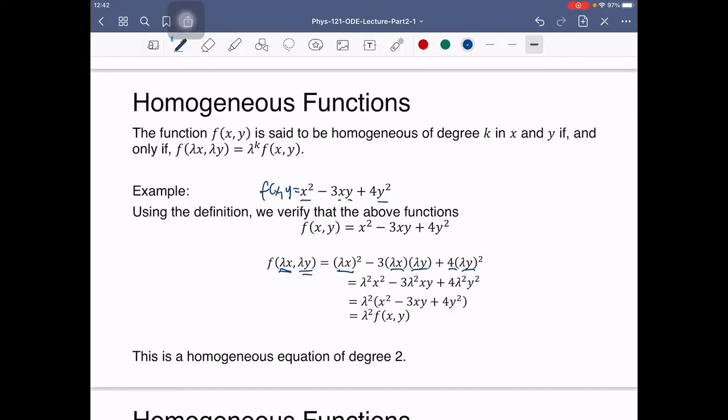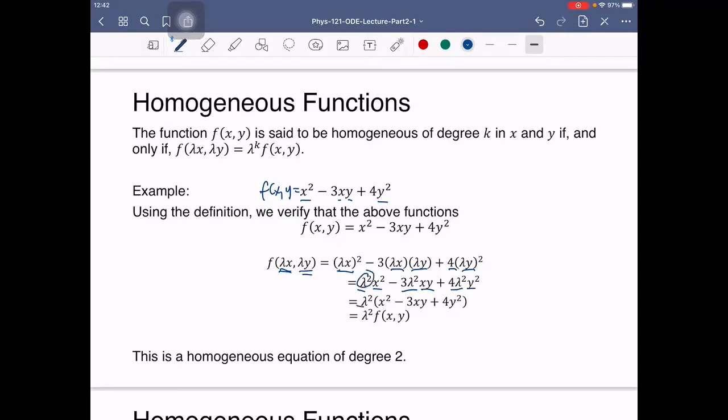Okay, so as we can see here, pwede nating gamitan ng mga algebraic properties. So we can have lambda squared x squared minus 3 lambda squared xy, and then 4 lambda squared y squared. So as you can see from here, pwede nating i-factor out yung lambda squared.